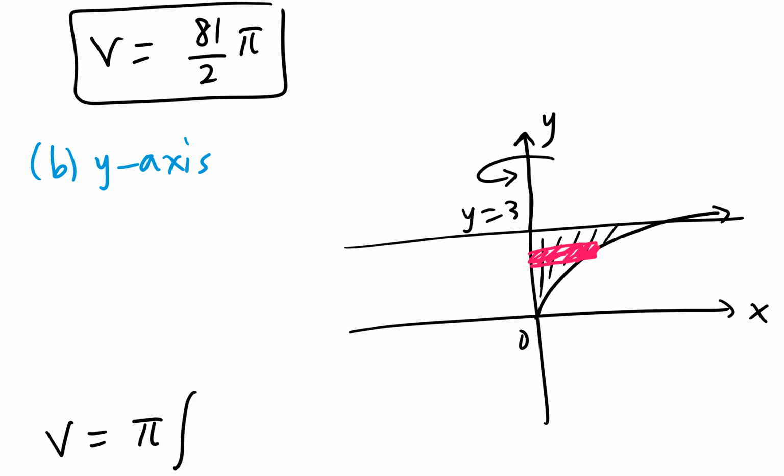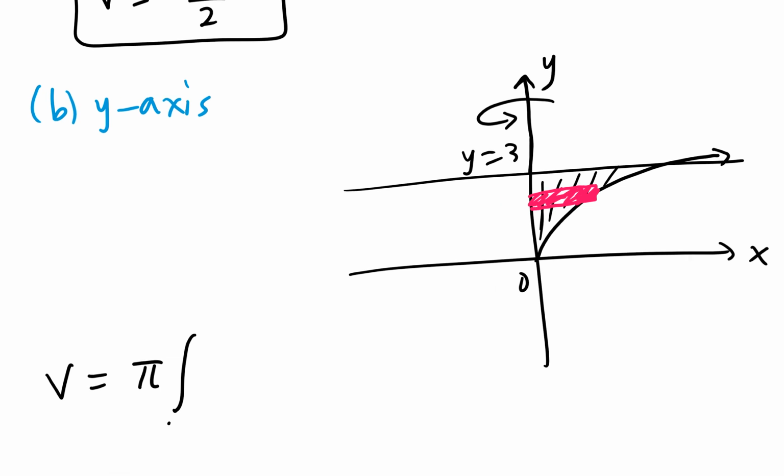That integral is going to go from 0 to 3, ranging from the bottom up, and then you want to find the distance from here to here. What is this? That's y equals square root of x, right? But notice I'm going to have a dy because of the rectangle.